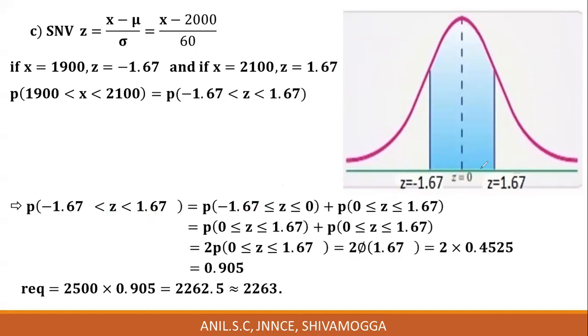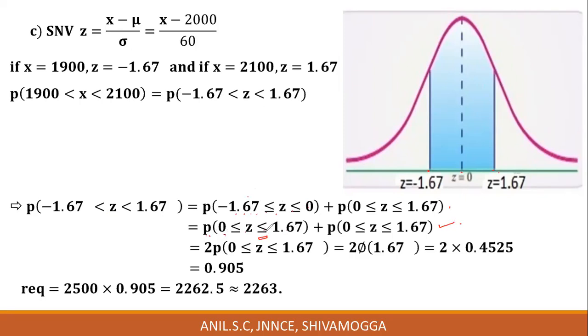The first interval can be written as P of minus 1.67 less than or equal to Z less than or equal to 0, which is the same as 0 less than or equal to Z less than or equal to 1.67. By multiplying this inequality by a negative sign, you reverse the inequality. Less than becomes greater than and greater than becomes less than, and this probability remains unchanged.